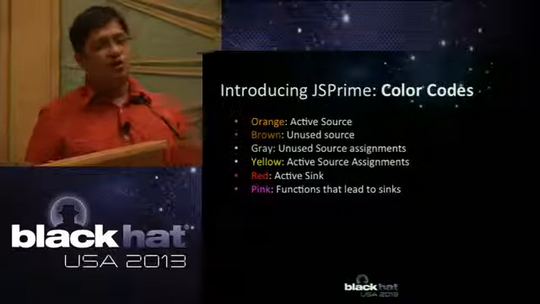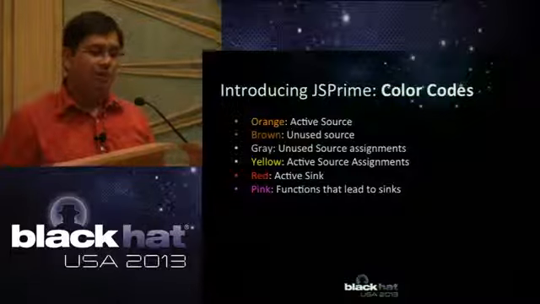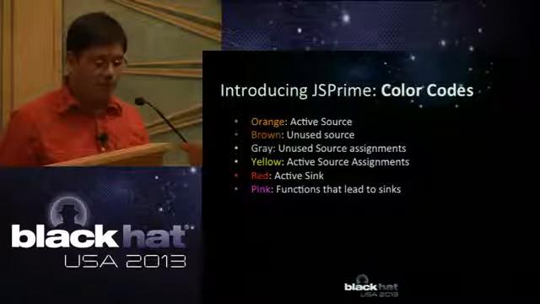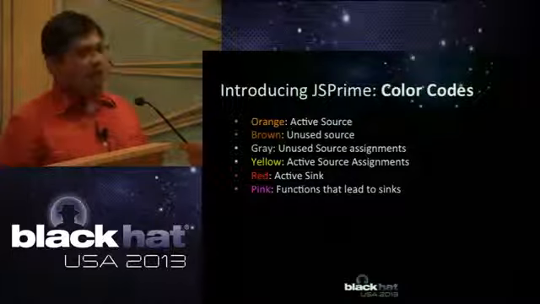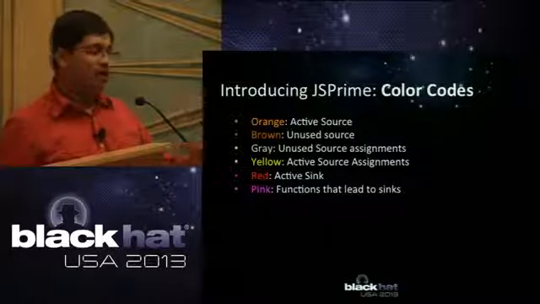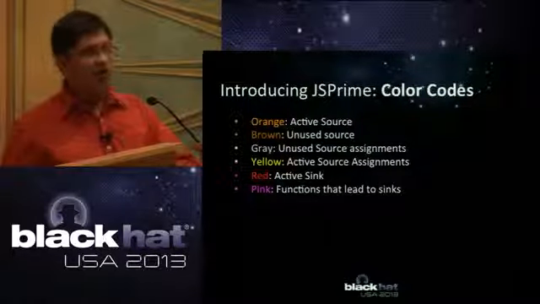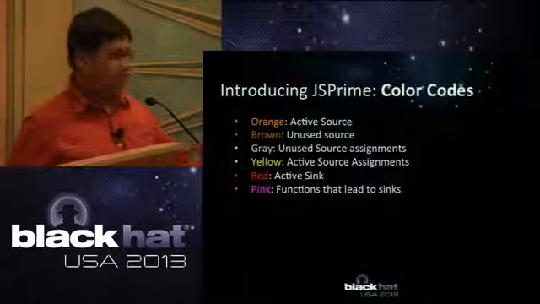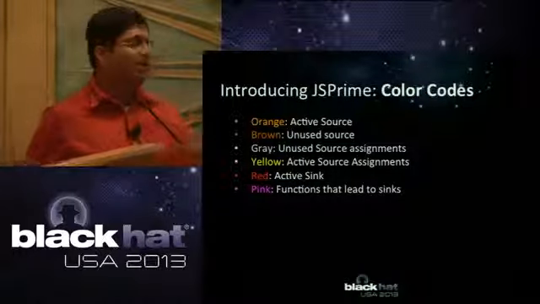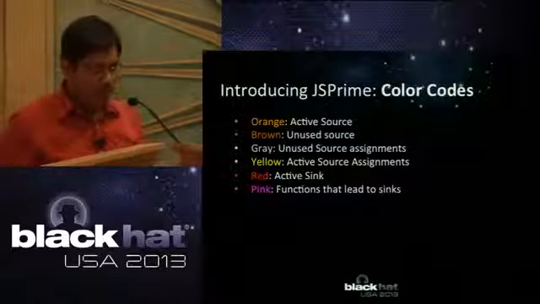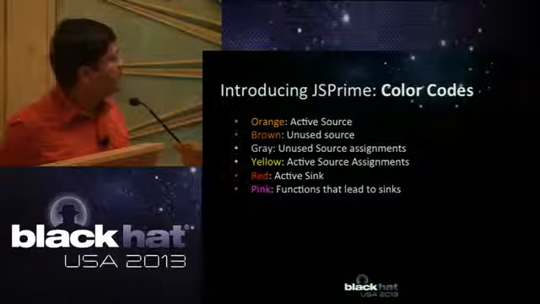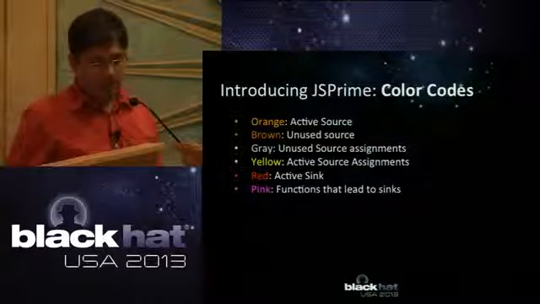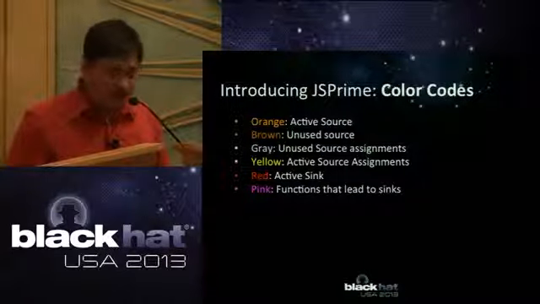And if it is a source and it has been assigned to some other variables which are again not used, we mark them as gray. Active source assignments, for example, where location.hash is reaching eval via a third step, say x is equal to, a third intermediary assignment, we mark in yellow color, which is an active source assignment.